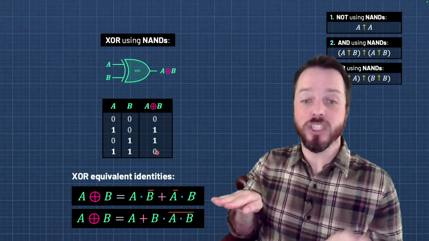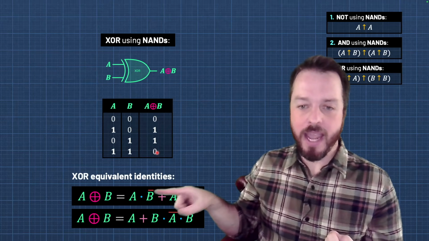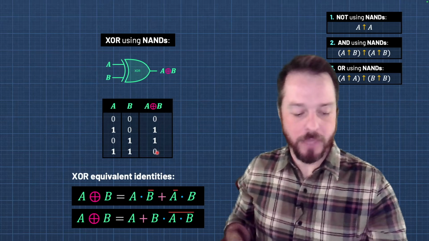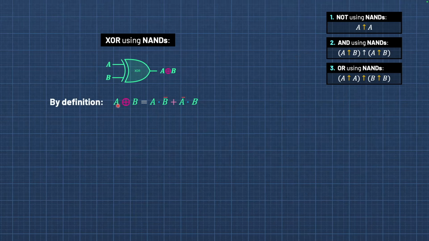Let's just rewrite that XOR in terms of this first one, A and not B, or not A and B. So by definition, as we just saw, A exclusive OR B is A and not B, or not A and B. Because having ANDs and NOT is a lot better than having this ugly symbol right here. And we already know how to replace all these things we saw before. So all we have to do is replace these things and find the NAND equivalent.